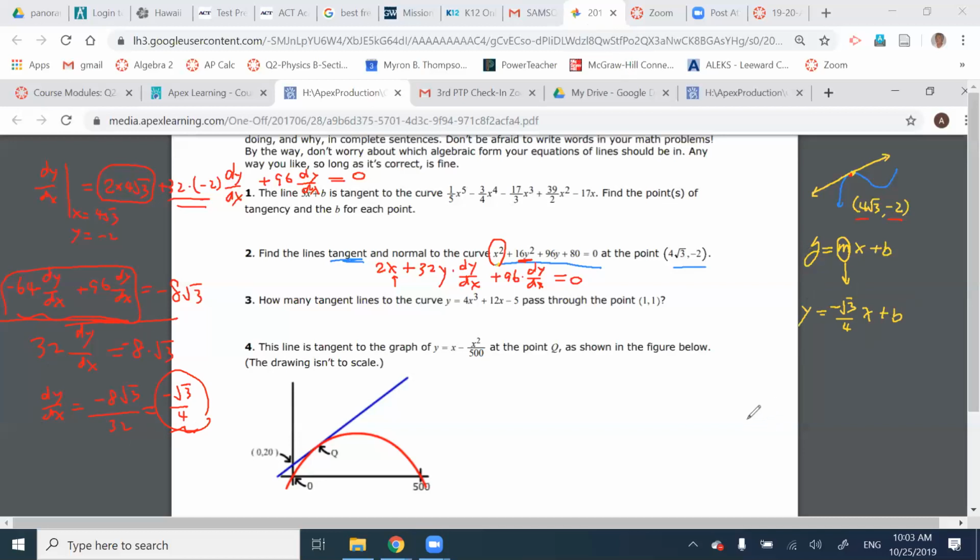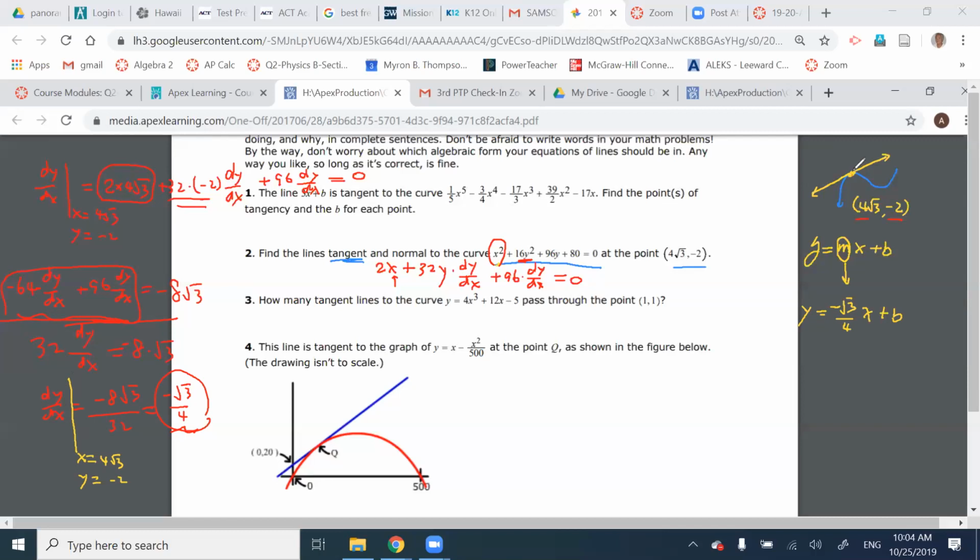No problem? Wait, that's tangent. Okay, be careful here. We have dy/dx at x equals 4 root 3, y equals -2. What does that mean? It means we're looking for the tangent.